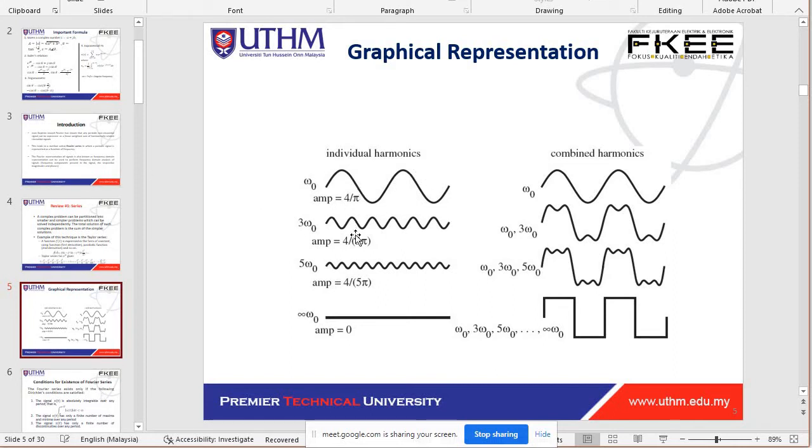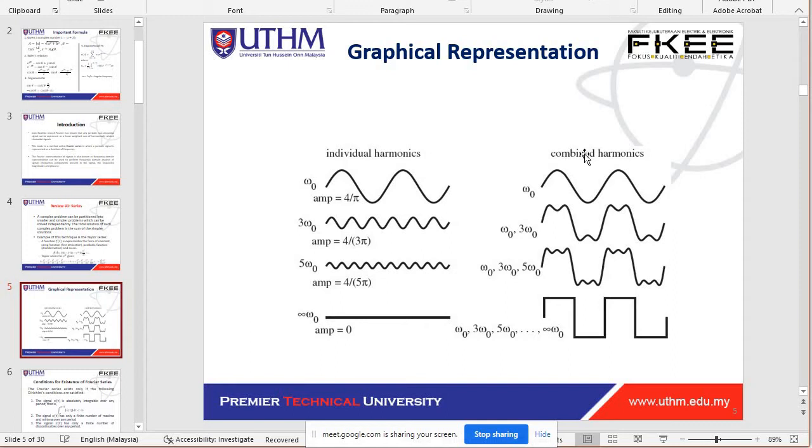Then 3 omega naught, the frequency is getting higher, then 5 omega naught, and up to infinity, near to a line. So the amplitude, of course, from 1 omega naught to 5 omega naught, is getting smaller. If 1 omega naught, the amplitude is higher.